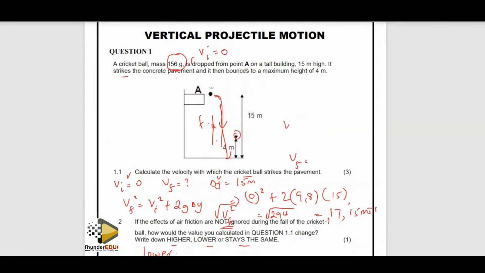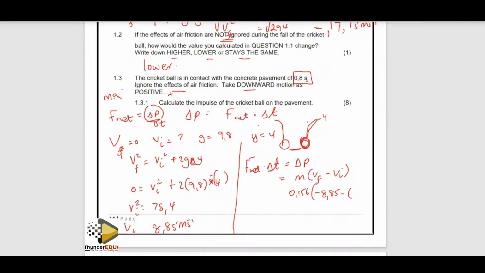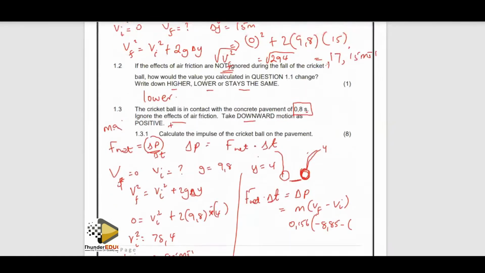Change that to kilograms, it will be 0.156. What is our final velocity? It's negative 8.85, since it's moving upwards. We are subtracting the initial, which was our final when the ball was striking the ground, which is 17.15.